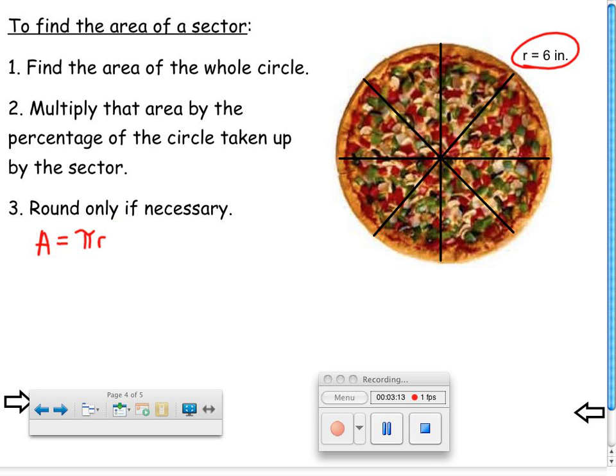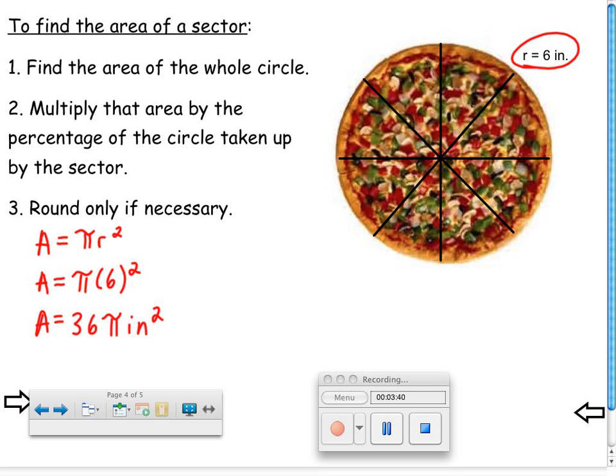And the radius is 6, so we substitute that in to find the area. So we get area equals pi times 6 squared. And when we square 6, we get 36. So the area of our whole circle, in this case our pizza pie, is 36 pi square inches.